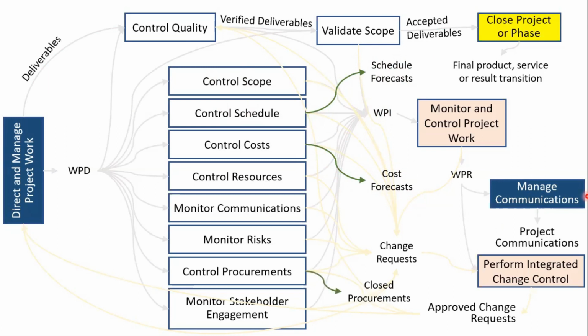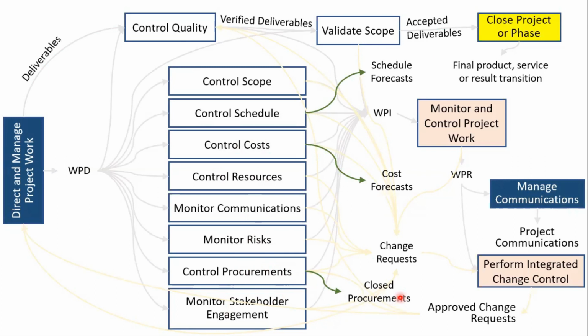And of course, another special work that is done in control procurements, which is not done in any other knowledge area, is to close the procurements. We don't have a separate process where we try to close the seller's work.